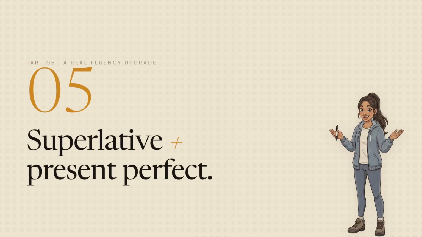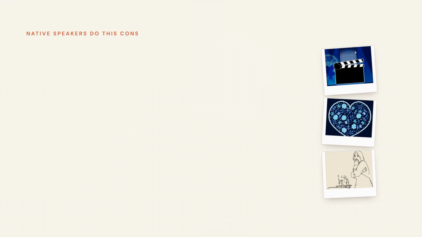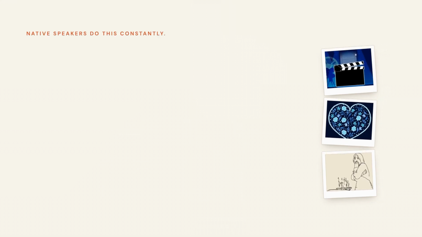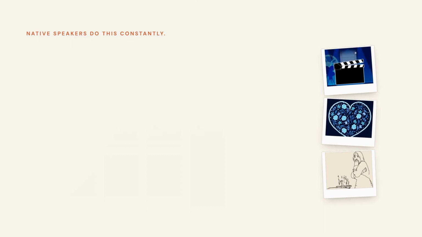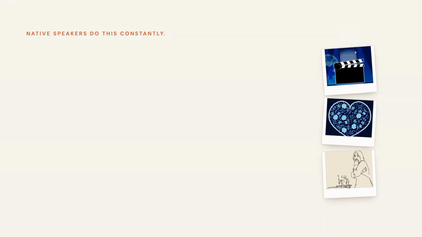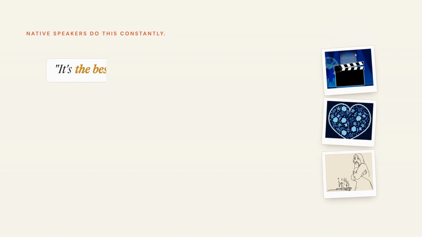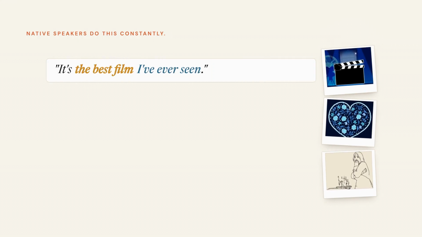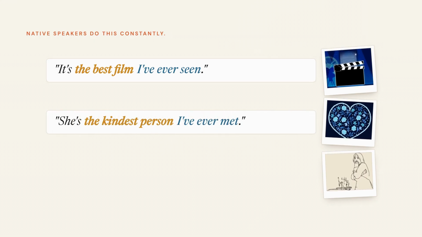This next one is a real fluency upgrade. Native speakers do this constantly, and once you start doing it, your English sounds noticeably more natural. Let's look at some examples and see if you notice the pattern. It's the best film I've ever seen. She's the kindest person I've ever met.